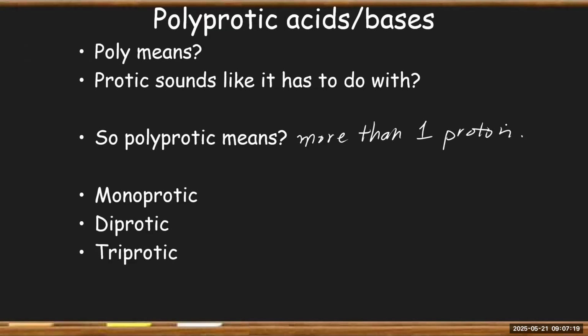Diprotic and triprotic are both types of polyprotic acids. So polyprotic comes in two flavors, diprotic and triprotic. And if you're thinking, hey, Mr. Kim, what about something with more than that? Could you have tetraprotic? And the answer is no, not really.